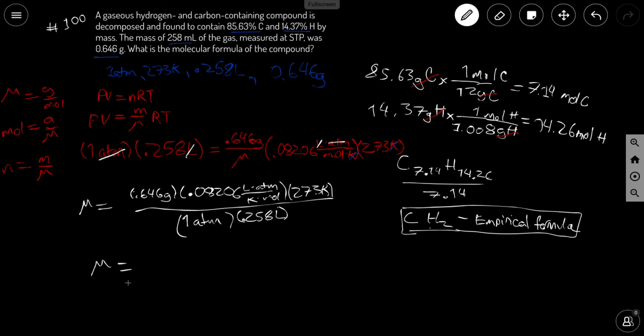So once you plug in everything and solve, you're going to get 56.1 grams per mole.